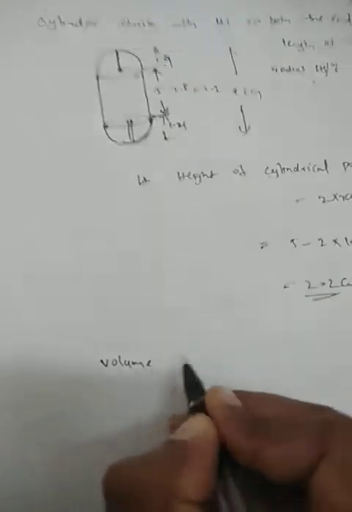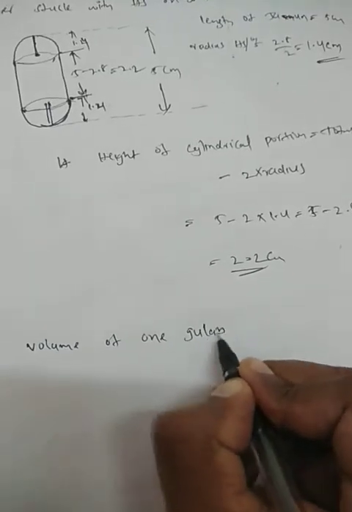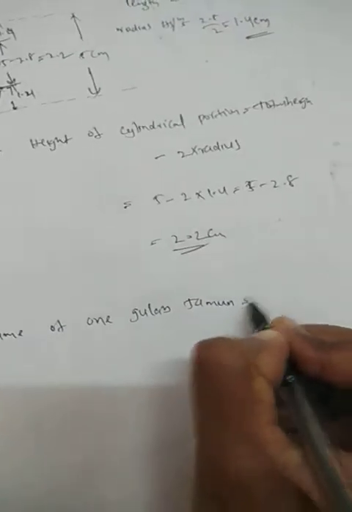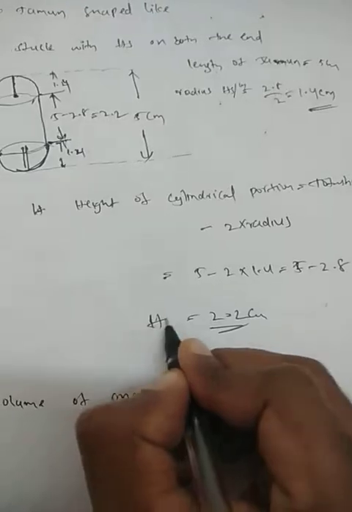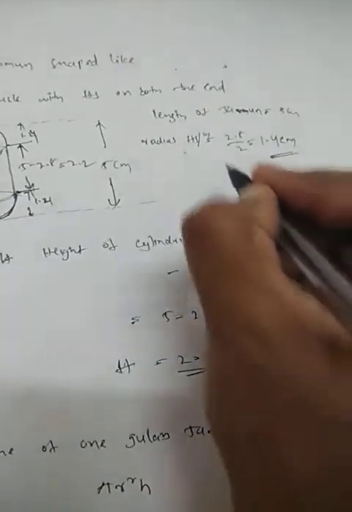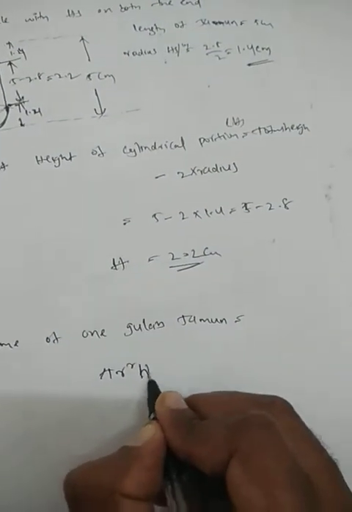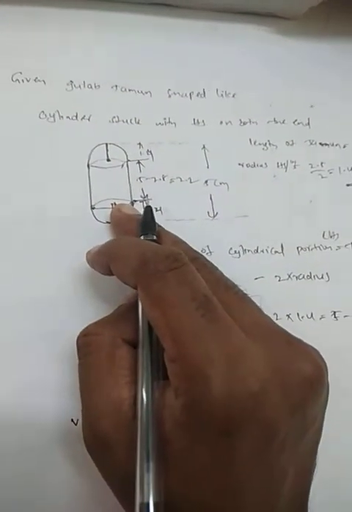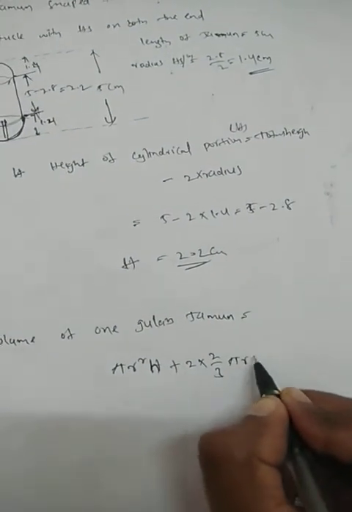Volume of one gulab jamun is equal to pi r square h, plus the two hemispheres. One hemisphere volume is 2 by 3 pi r cube, so two of them give 2 into 2 by 3 pi r cube.